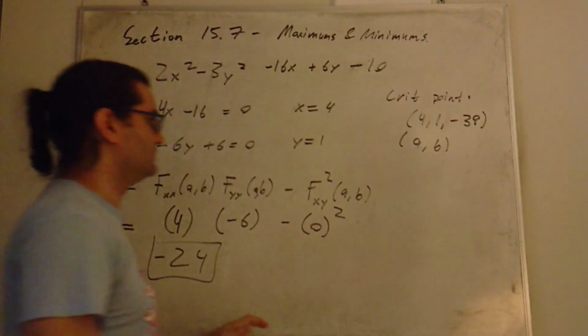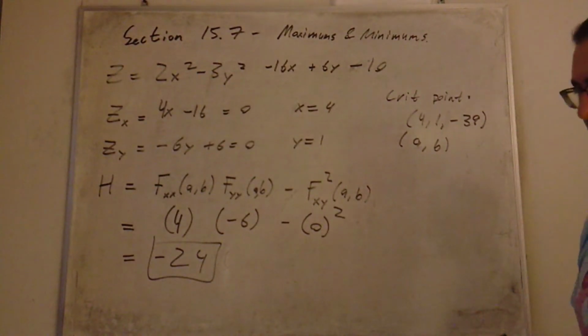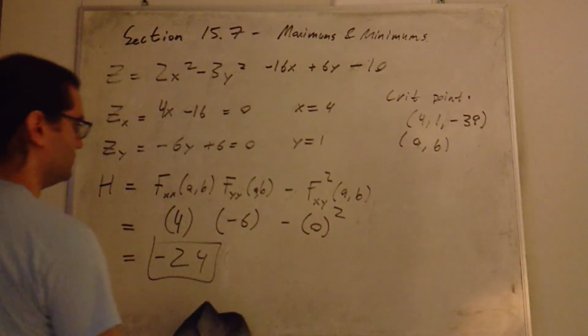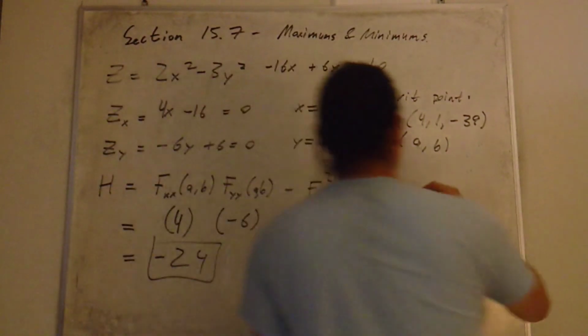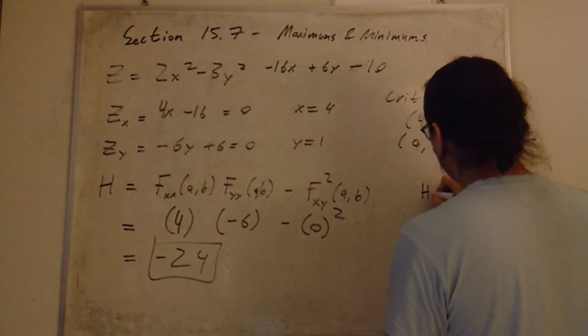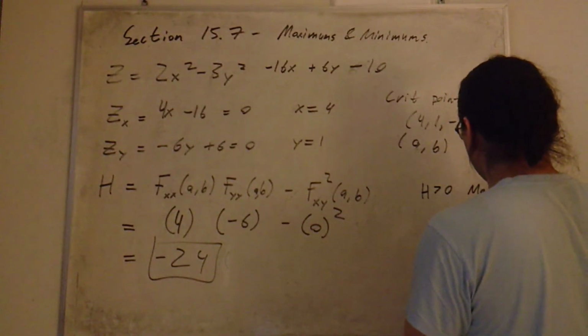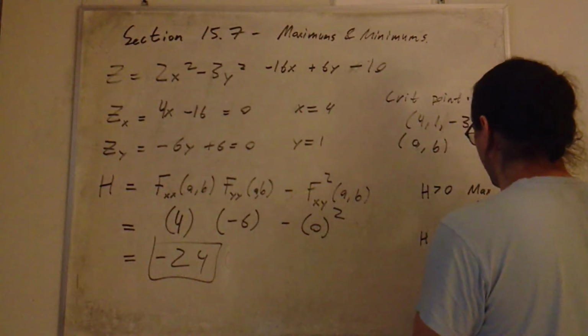And I should probably write down what we're actually doing with this. Let me write it down over here. Okay. If h is positive, then you have a max or min. If h is negative, then you have a banana point.